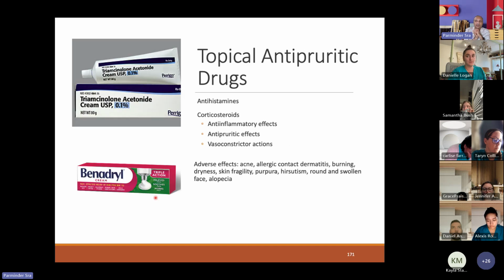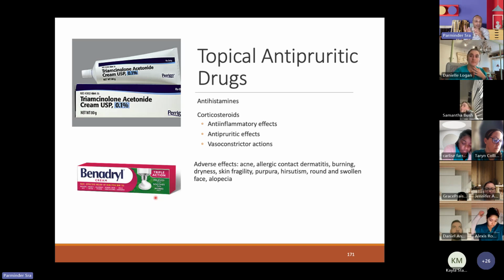Okay, these are your antipruritic drugs, meaning anti-itch drugs. Now, itching happens when somebody gets in contact with something irritant. It could be a plant, a chemical, anything, or just a bee sting, right?